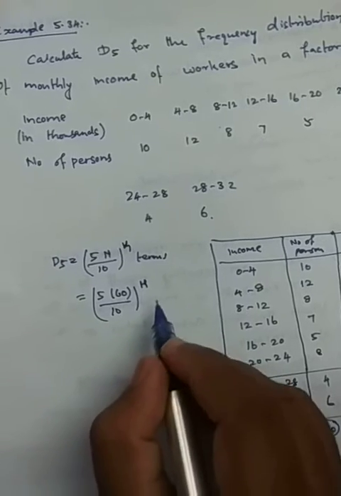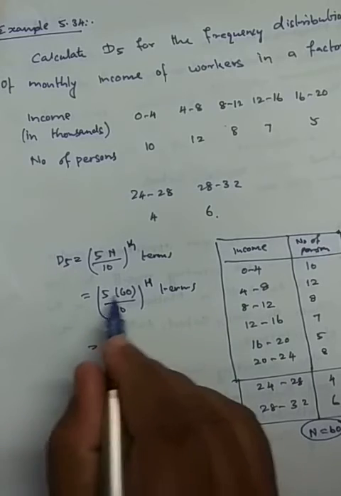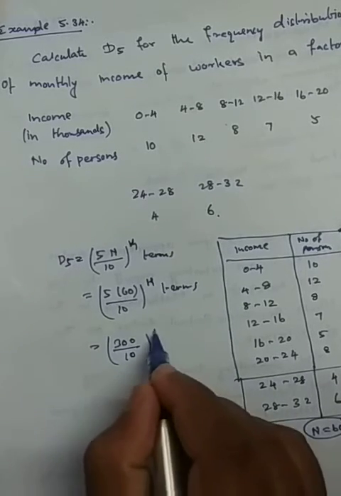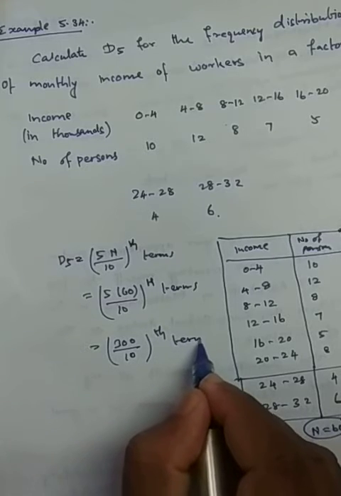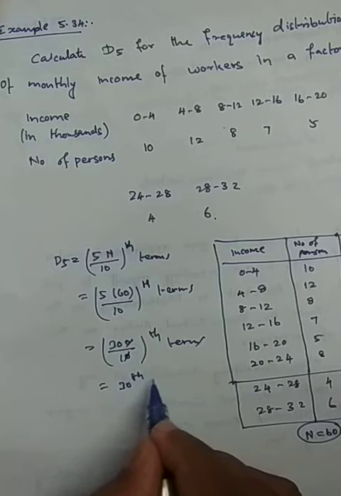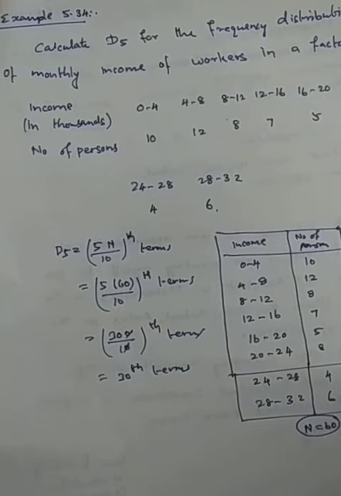Is it visible? Right. So 6 5s are 30, 300 divided by 10, this 0 gets cancelled. Now we need to find the 30th term.